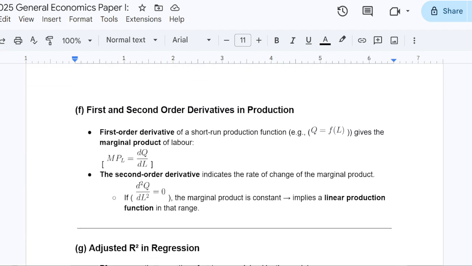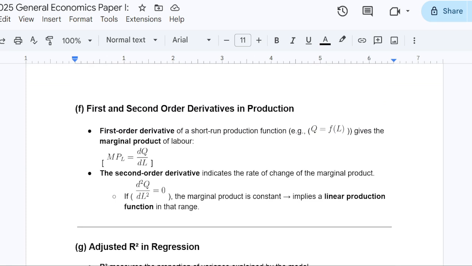Then the next question, second question, is that the first order derivative of a short run production function gives us the marginal product of labor. The short run production function is a function of labor, if you remember, because capital is fixed. In the long run both are variable, but in the short run capital is fixed. So short run production function is a function of labor only.